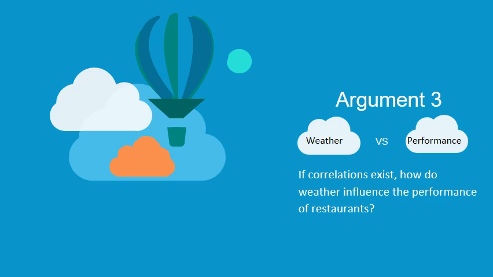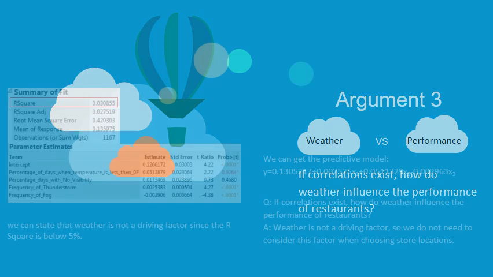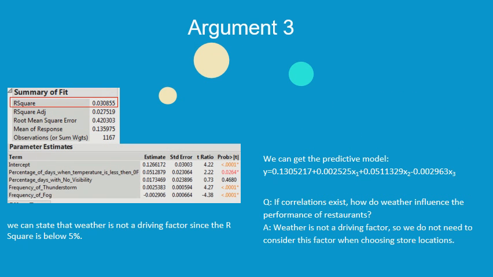And here comes our third argument. We want to figure out if there is a correlation between the weather-related variables and the performance of a restaurant. After we run the model, we can say that the weather is not a driving factor since the R-square is below 5%.